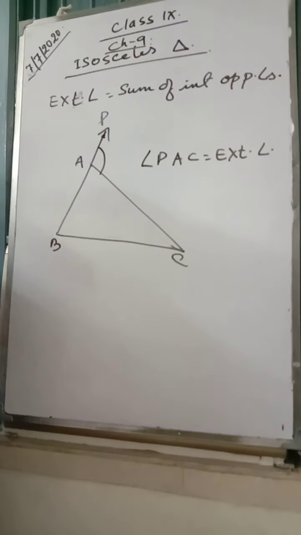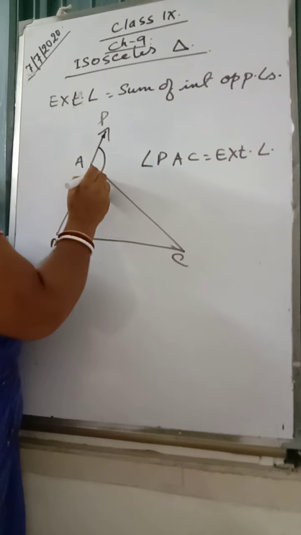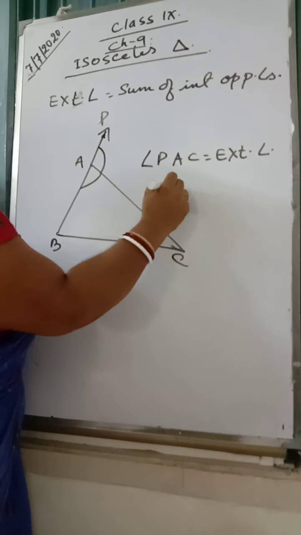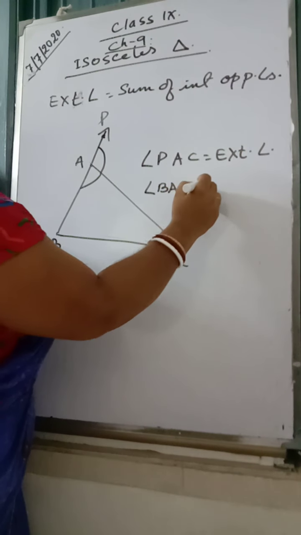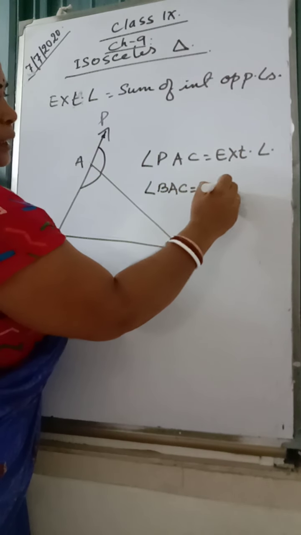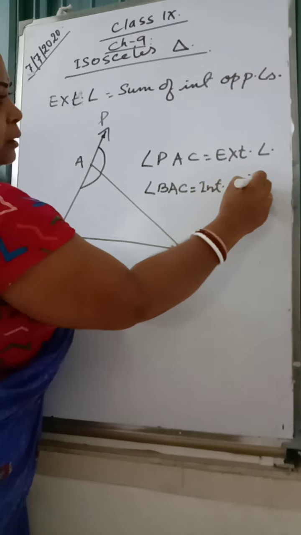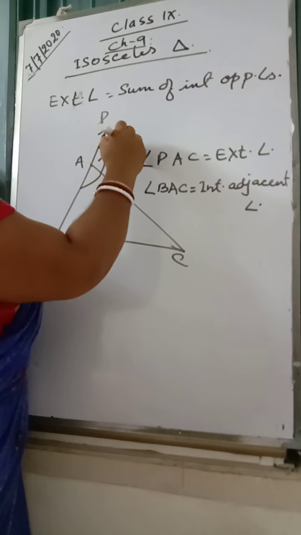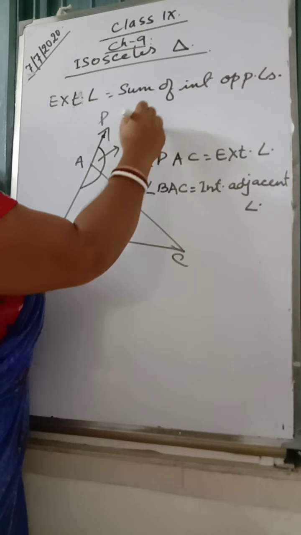Clear? Now, angle BAC is known as the interior adjacent angle. This is known as the exterior angle.